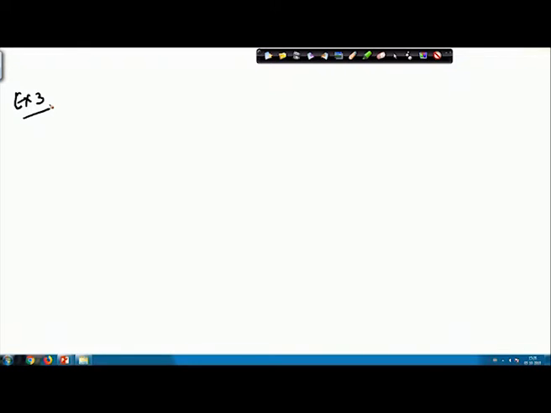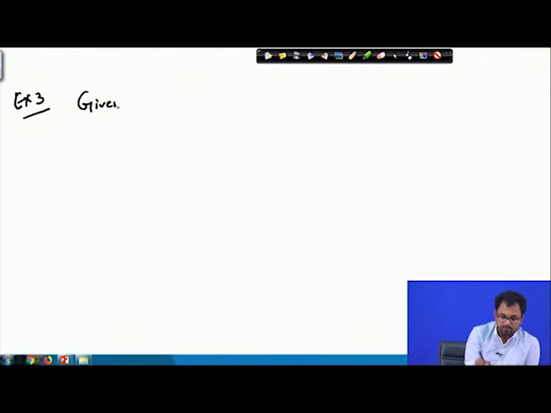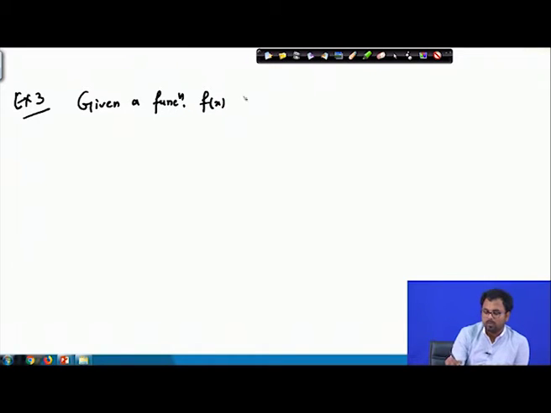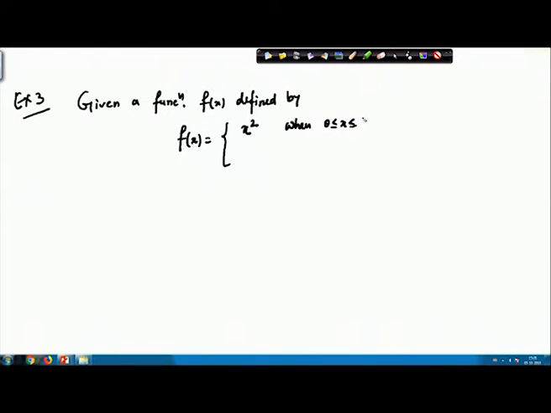Given a function f(x) defined by f(x) equals x squared when 0 is less than x less than or equal to 1, and root x when 1 is less than or equal to x less than or equal to 2.